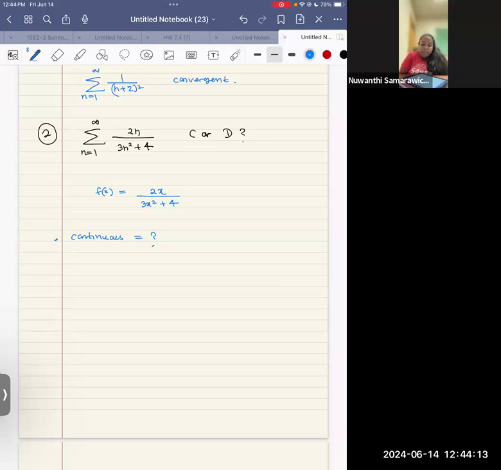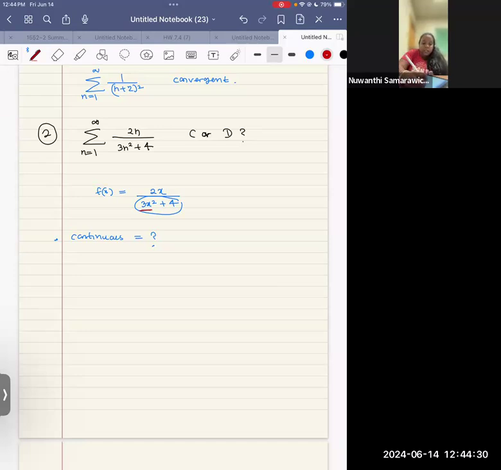Because if we consider the denominator, this part here, it is 3x squared. It's always positive, and we will not get any vertical asymptotes, right?